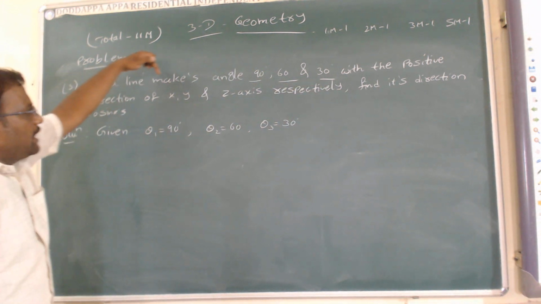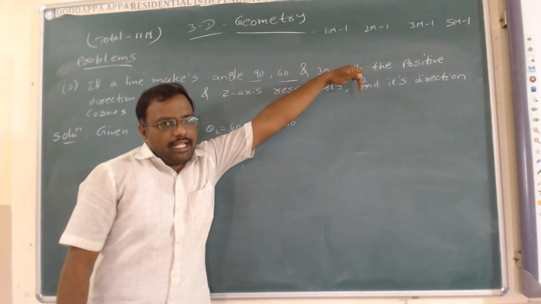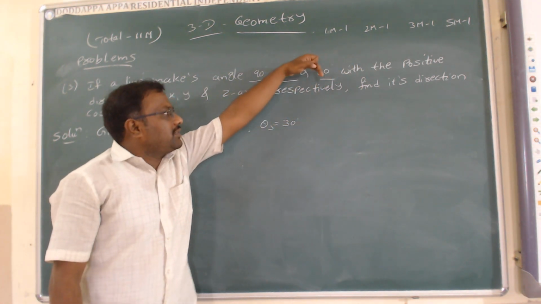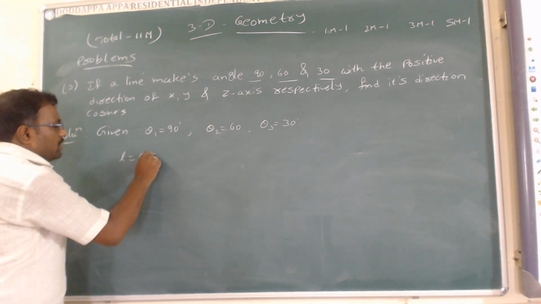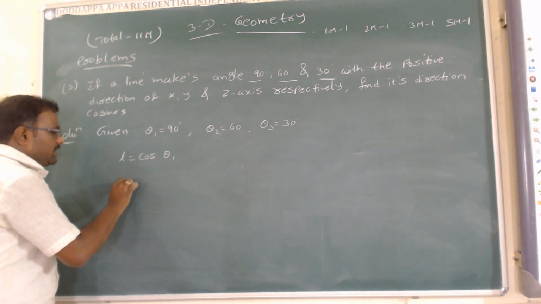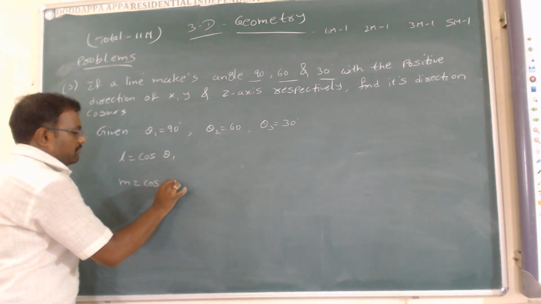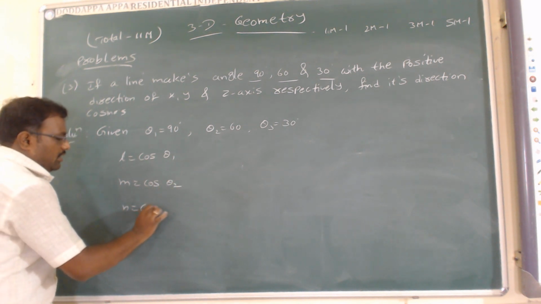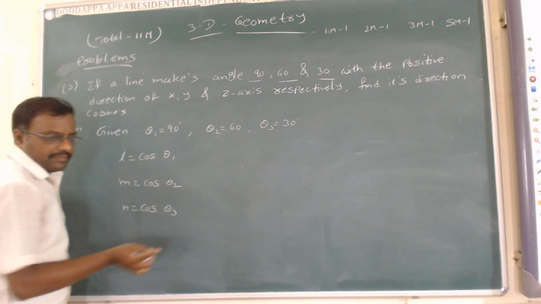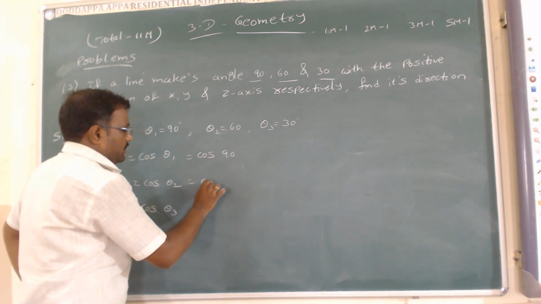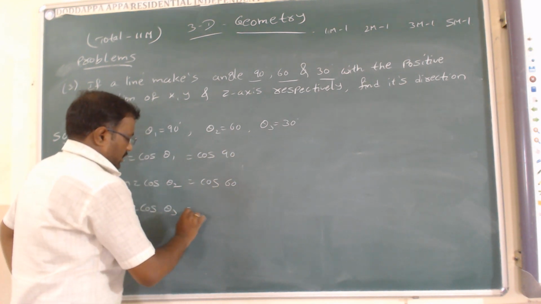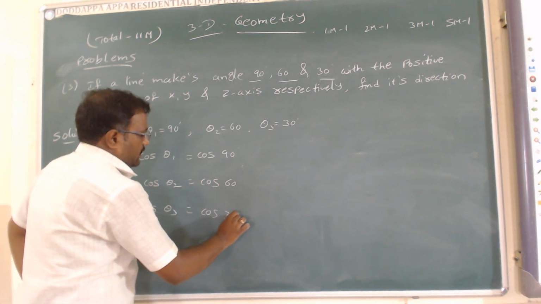Okay, so next, here we know that you are finding the direction cosines when they are given angles. Then what is the formula for direction cosines? That is L is equal to cos theta 1, M is equal to cos theta 2, N is equal to cos theta 3. So theta 1 value is 90 degree, theta 2 value is 60 degree, theta 3 value is 30 degree.